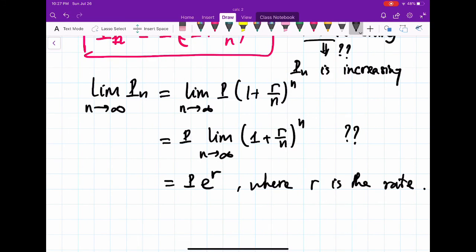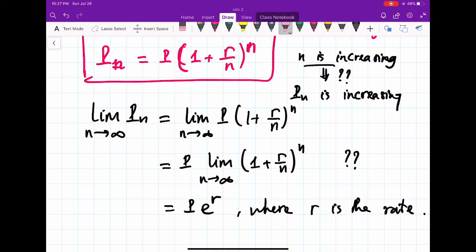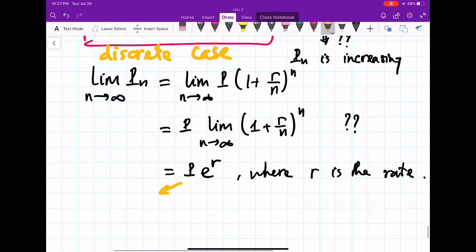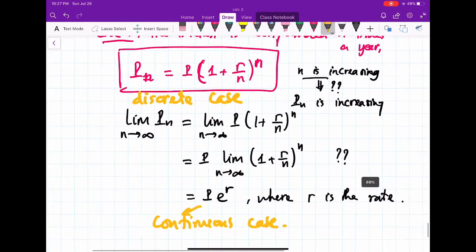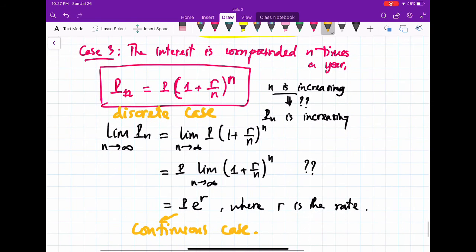And that's how we can move from the discrete case to the continuous case. Why is this case continuous? This case is continuous because the interest is compounded infinite times a year, right?